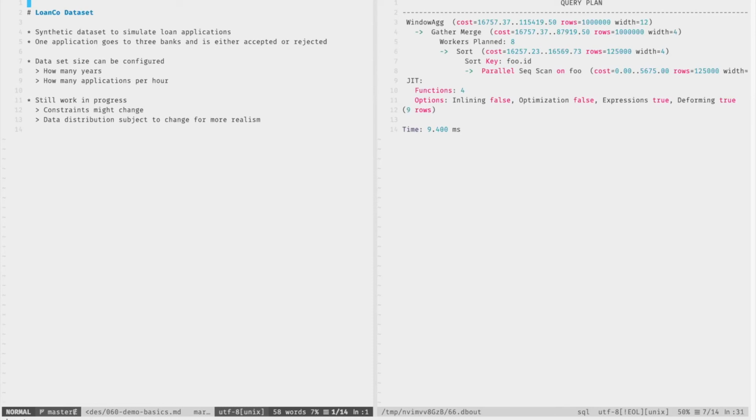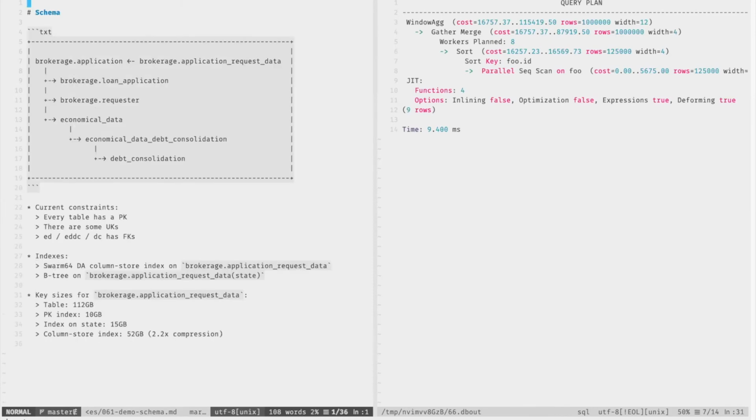What we didn't teach it so far is that German banks are only open between 8 and 5 from Monday to Friday. So that's not in there, and that is also visible in the data, but that's something we're working on. So there will be some more realism, but for the sake of the example here and for the 2 queries I'm going to show you, this is more than enough actually. The schema looks like this.